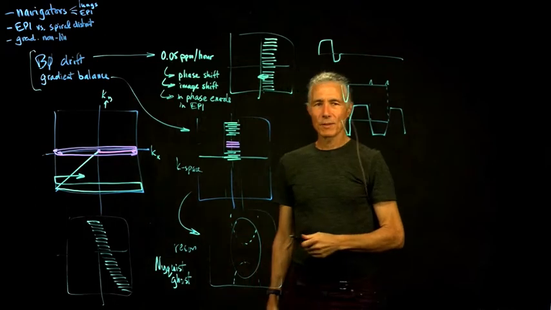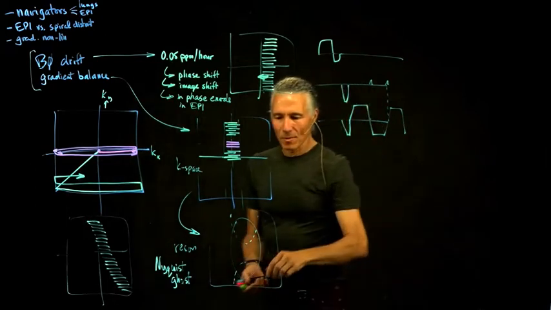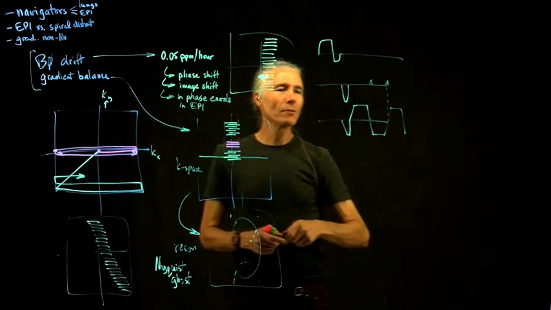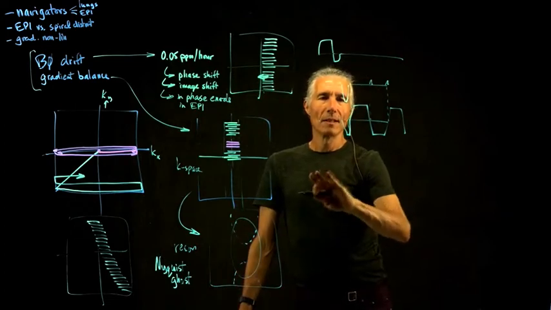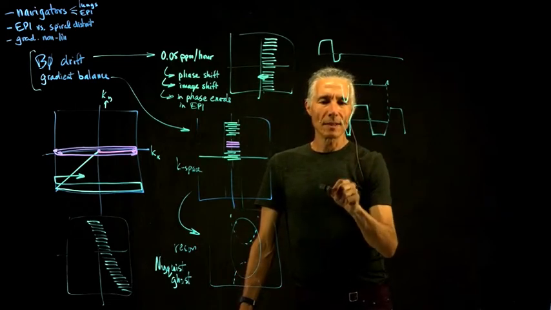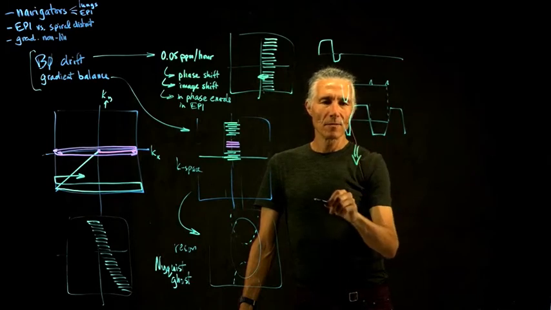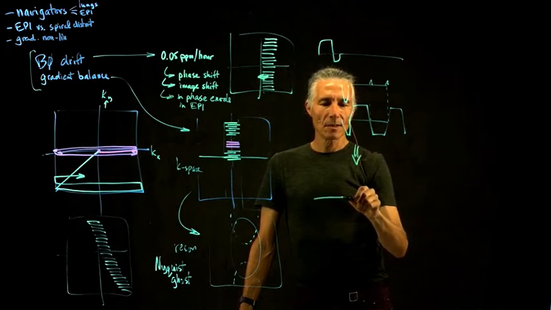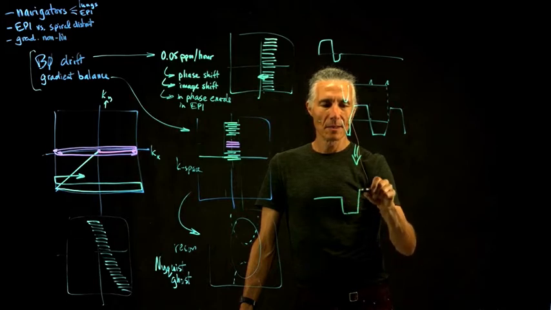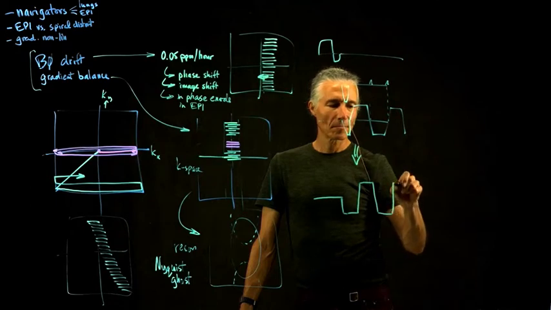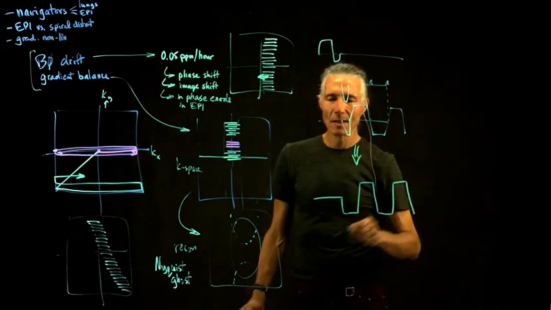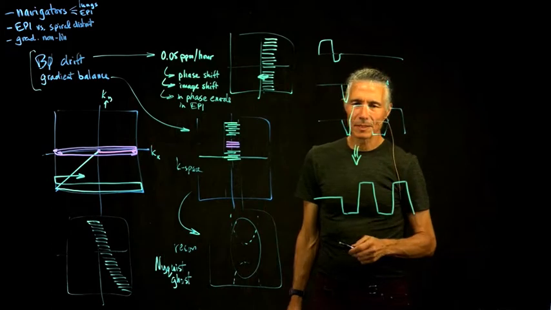So that's the normal EPI. What you do instead is, before you start this up, go back and forth a couple times without turning on the blips.